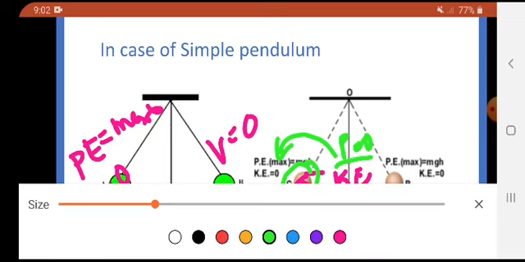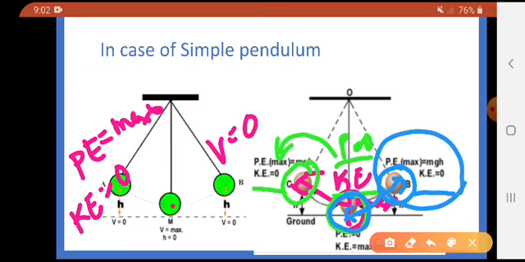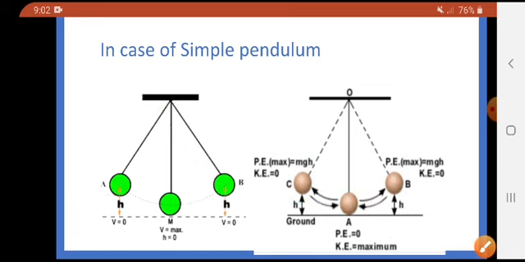Observe the same from the mean position to the right side extreme position. At the mean position, it has maximum kinetic energy and 0 potential energy. At point B, the extreme right position, the potential energy will be maximum. It increases, right?